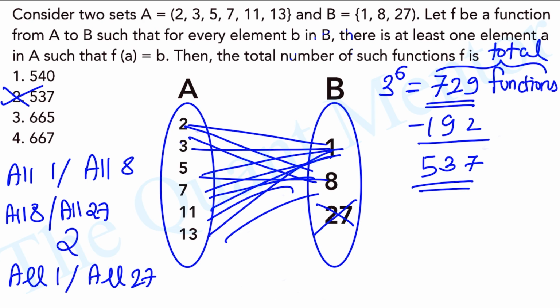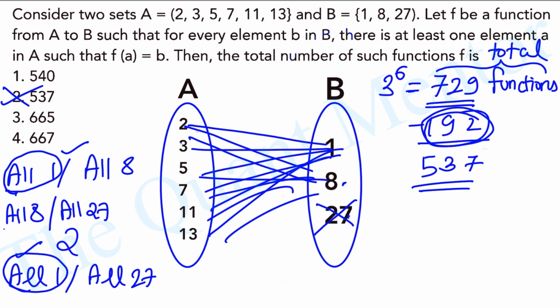And now you will notice that in the 192 functions that we have removed, we have counted these exactly twice. All the elements corresponding to the number 1, we have counted for both the cases when we excluded 8 and 27.